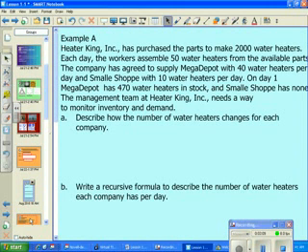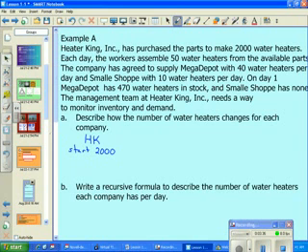First of all, describe how the number of water heaters changes for each company. We'll start off with the Heater King company. To describe the number of water heaters each one has, we're going to have to include two different things. We'll have to include how many they start with, because they all start with a different amount. And we'll also have to talk about how it changes.